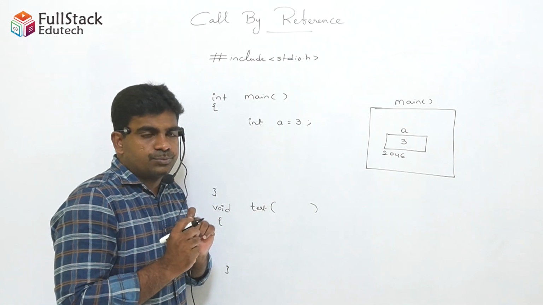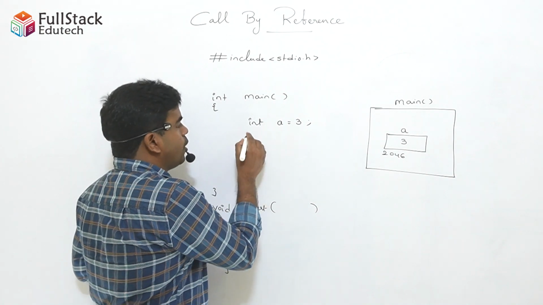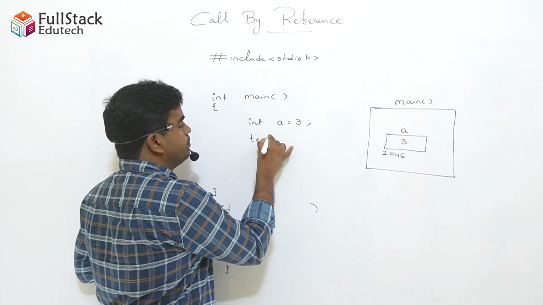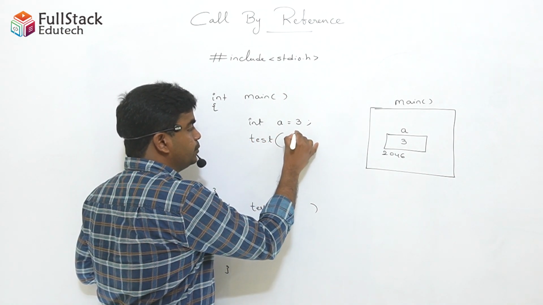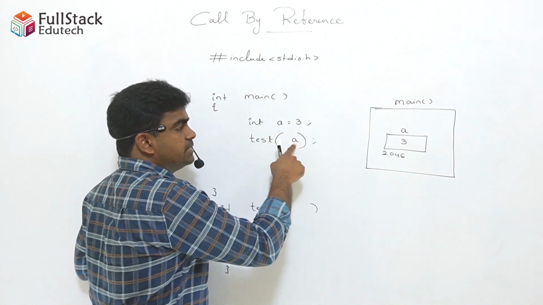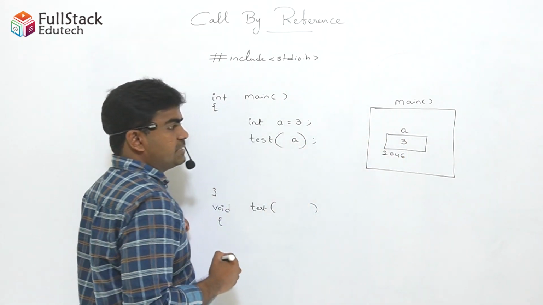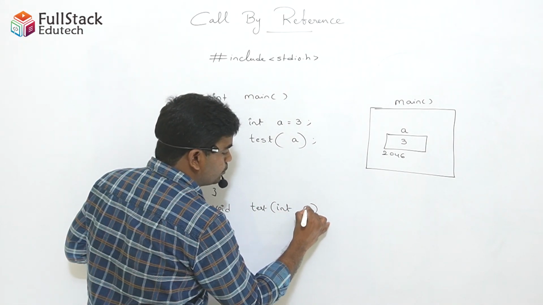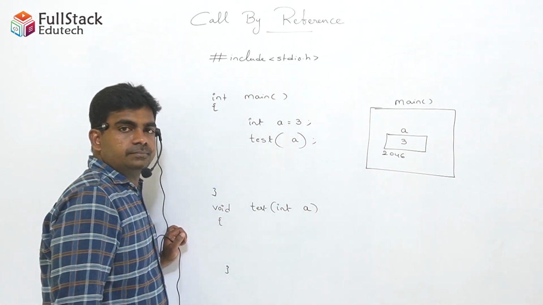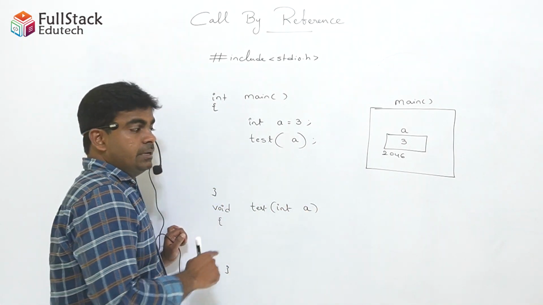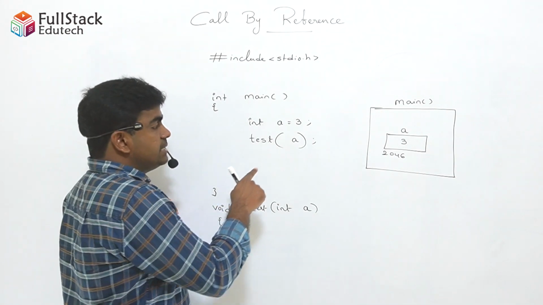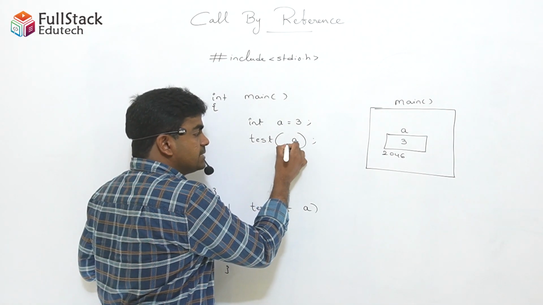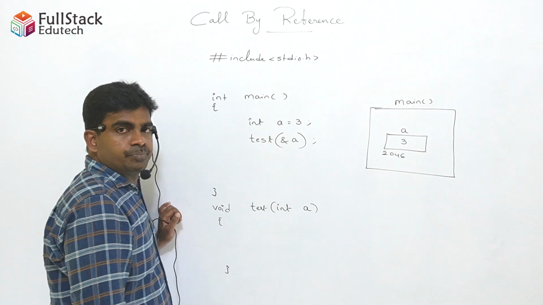Call by reference means whenever you are calling this function, you pass not the value. Here it is 3 you are passing, and you collect that into a variable, suppose A. Now don't pass the value, pass the address.